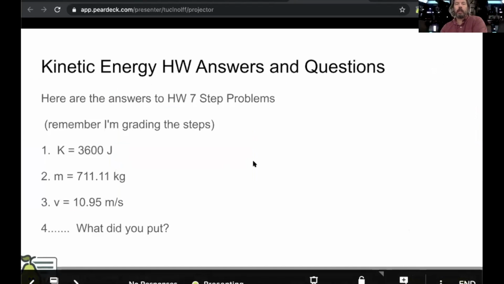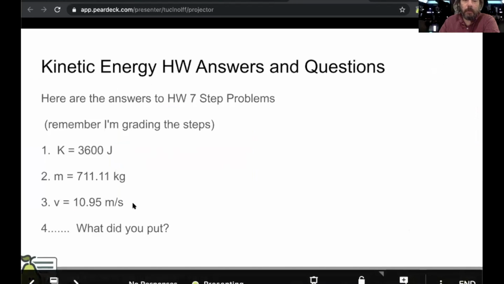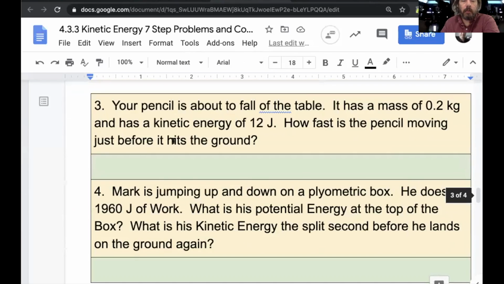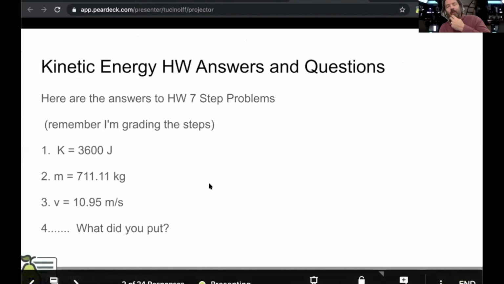All right, kinetic energy homework answers and questions. For the 7-step problems, here are the first 3 answers. And then for number 4, we're only talking about the bottom 4 questions. What did you put for number 4 on the very bottom? The very last question.